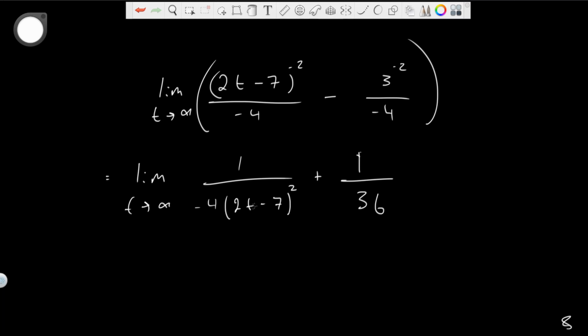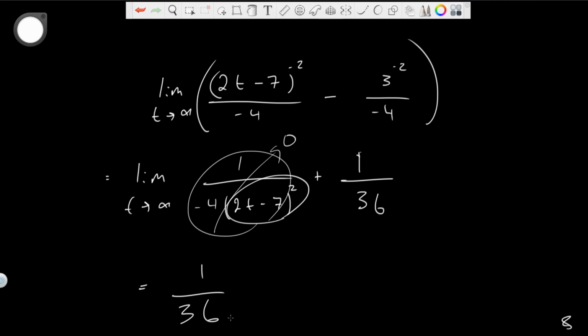As t goes to infinity, the denominator blows up, and we get closer and closer to 0 from the negative side, but that's not something we particularly care about. This expression goes to 0, and our final answer is the limit as t goes to infinity is 1 over 36.